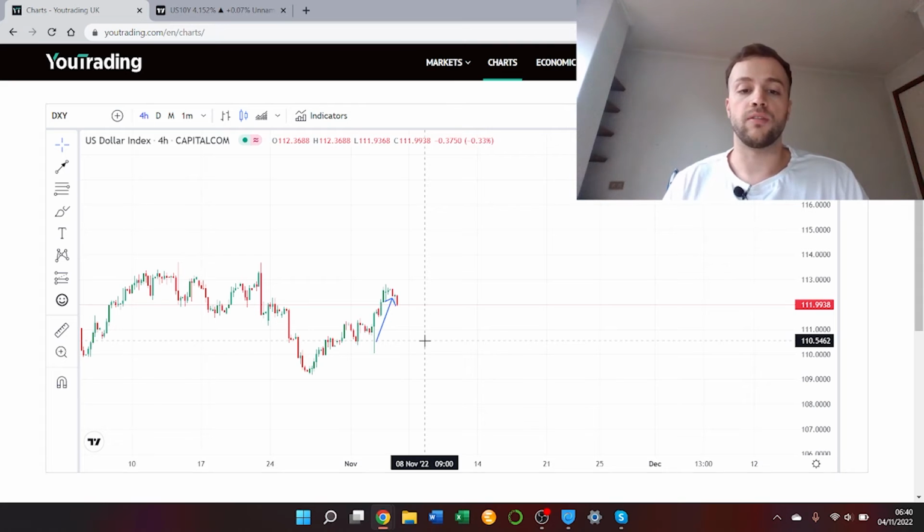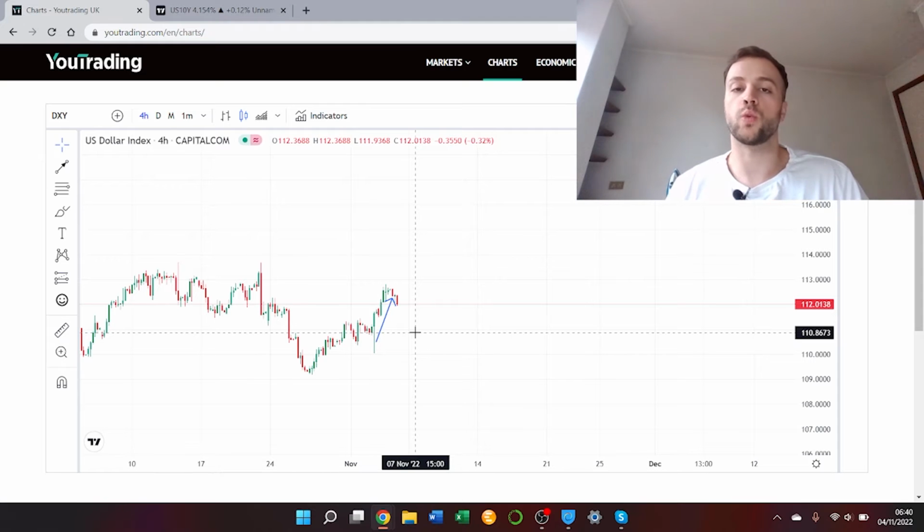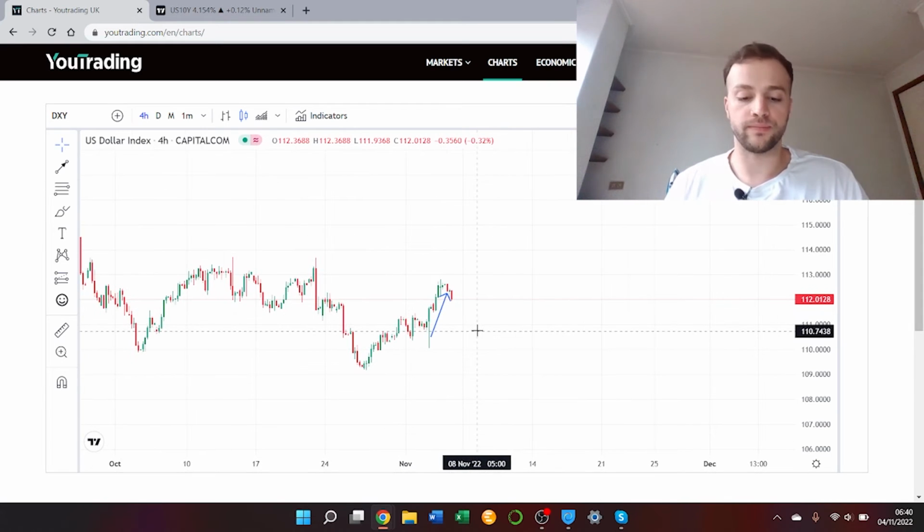Because when the Fed's raising interest rates aggressively, that adds downside risk to the global economy. The US dollar is seen as a safe haven currency, so that's another reason why the US dollar would rally on a hawkish Fed.